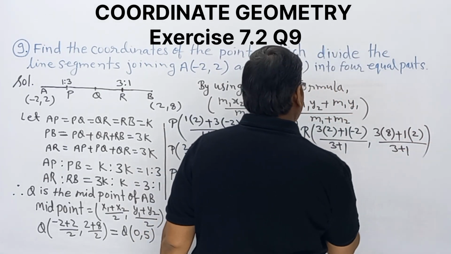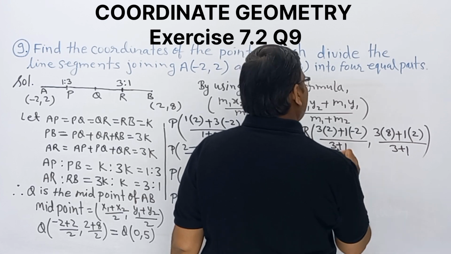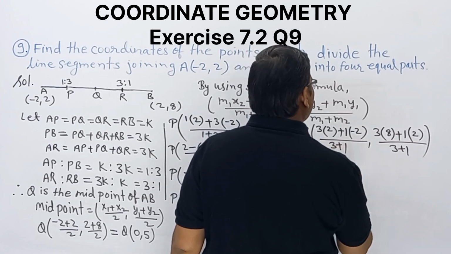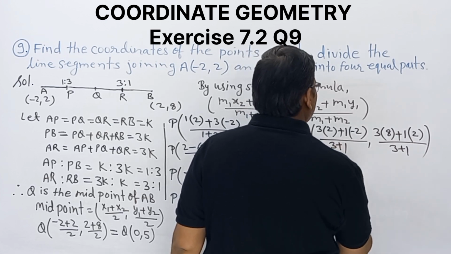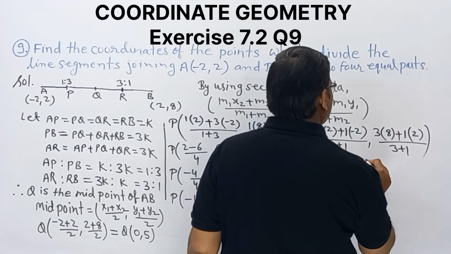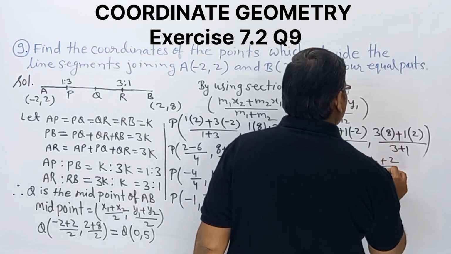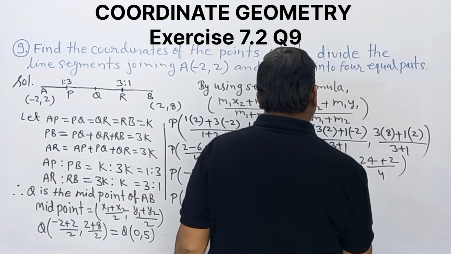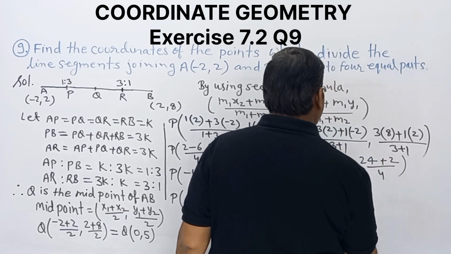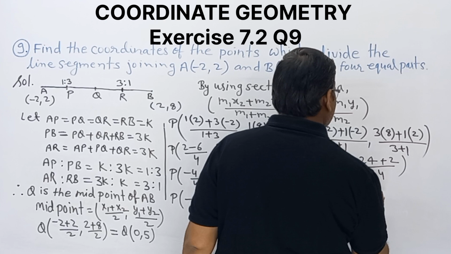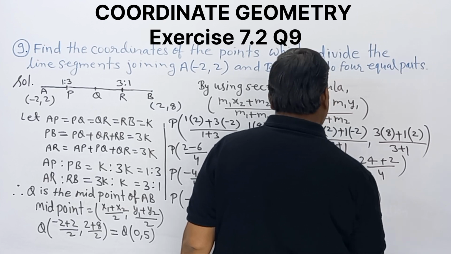Solve. Coordinates of R will be 6 minus 2 divided by 4, comma 8 threes are 24 plus 2 divided by 4. That is 4 upon 4, comma 26 upon 4.